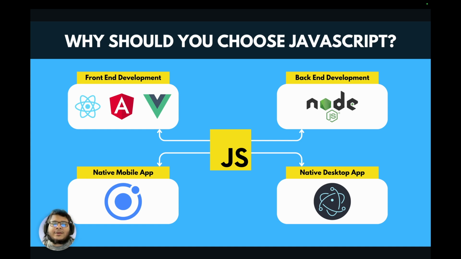Their core language is JavaScript. For backend development, Node.js is also based on JavaScript. For native mobile apps, Ionic is also based on JavaScript, and for native desktop apps, Electron is also based on JavaScript.